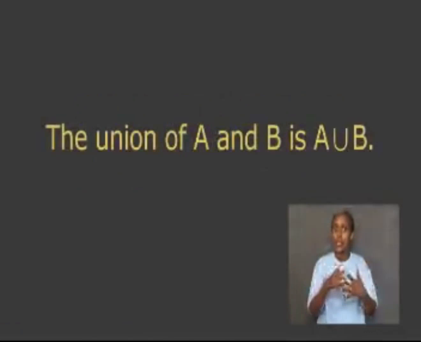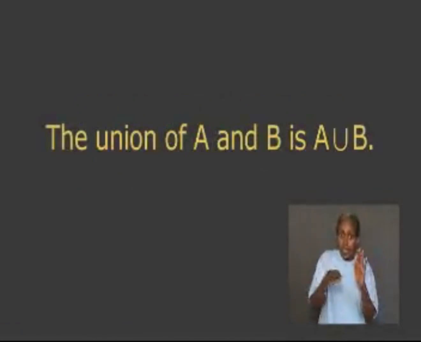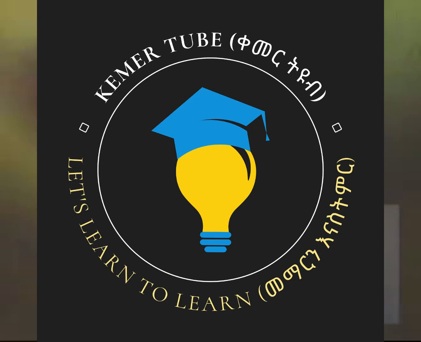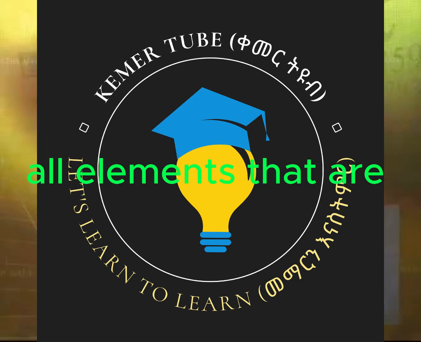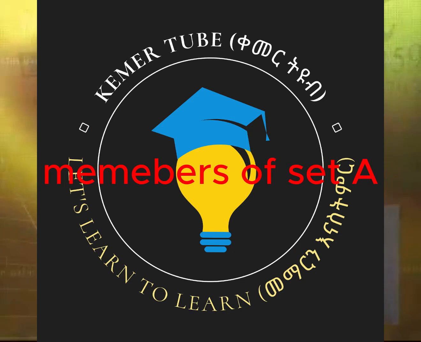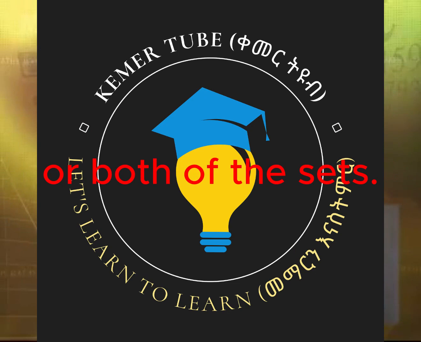The union of two sets A and B is denoted by A union B. It is the set containing all elements that are members of set A or set B or both of the sets.